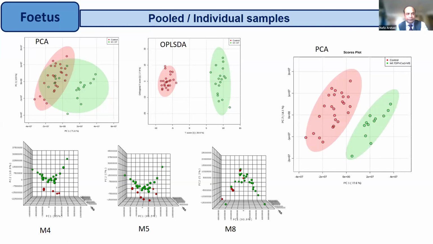This was just due to the presence of M8, because out of many fetal units from the mouse, this unit M8, fetal unit 8, was not carrying any infection, or maybe the threshold of the infection was not up to the mark to classify it as diseased.